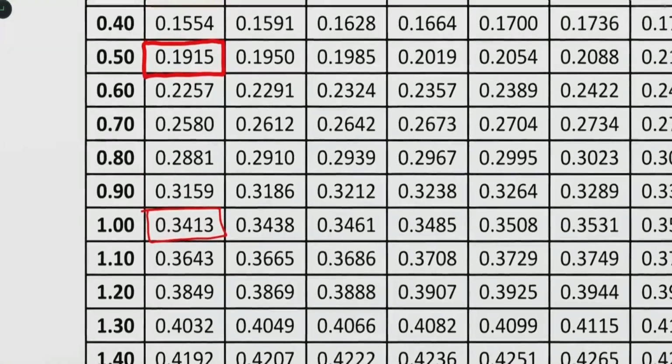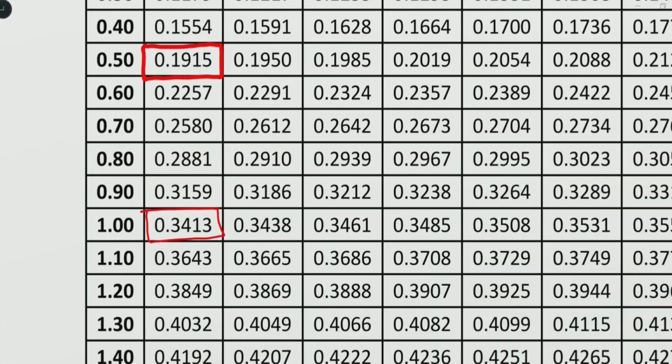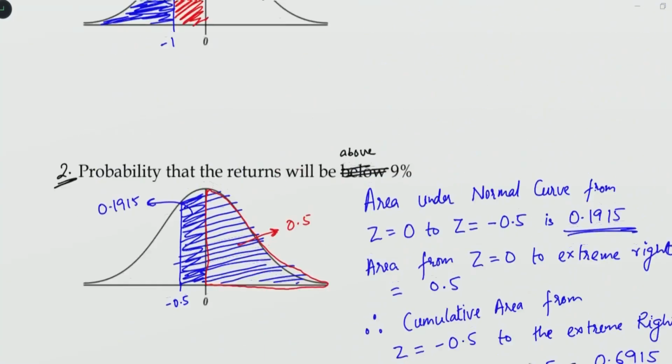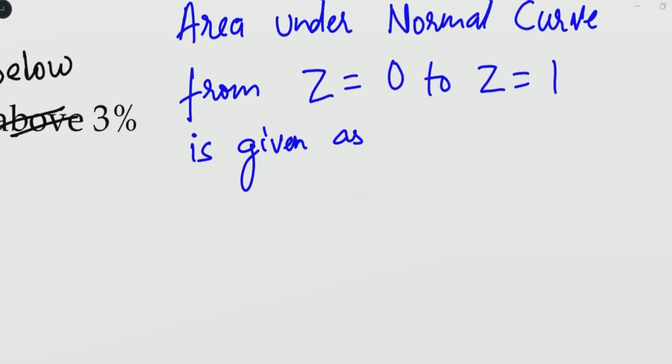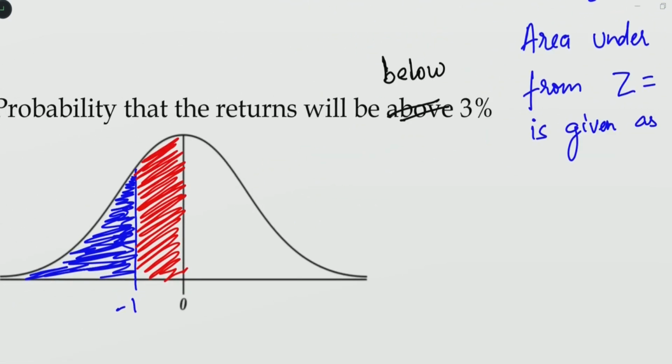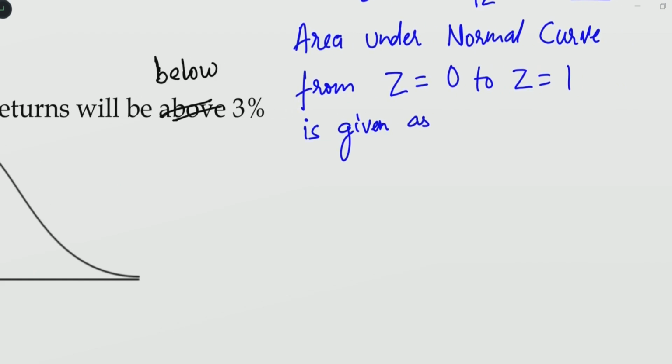So when Z value is exactly 1.00, the probability comes to 0.3413. So I get back to this line: area from Z equal to 0 to Z equal to 1. Basically we are talking about this red color area, which is given as 0.3413.